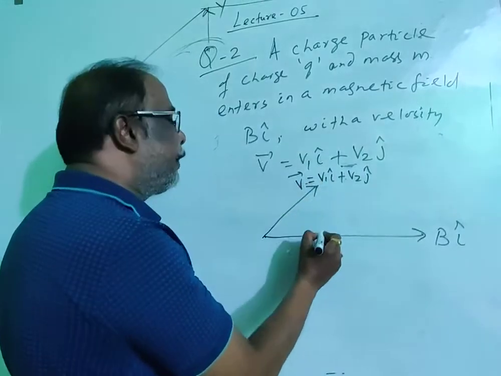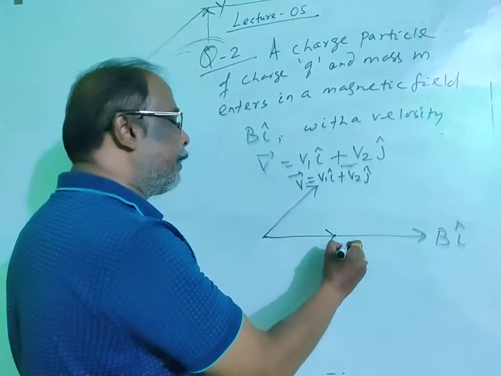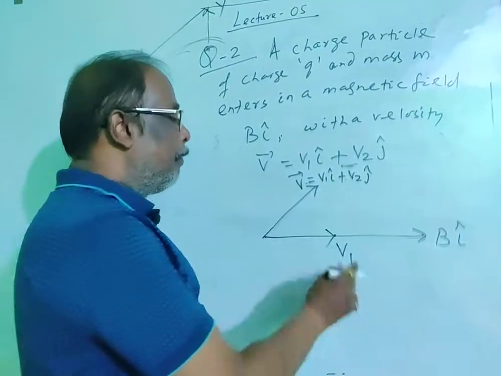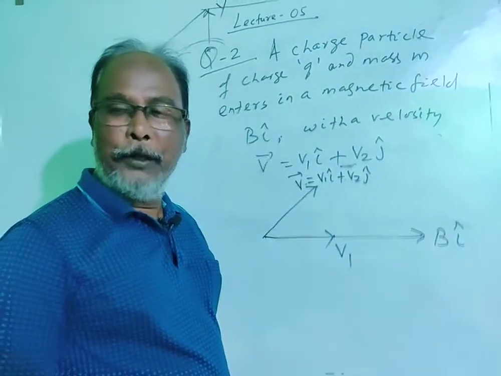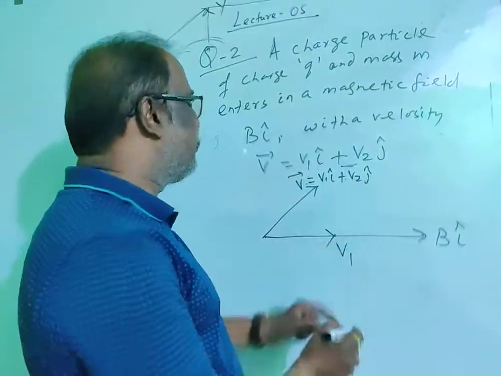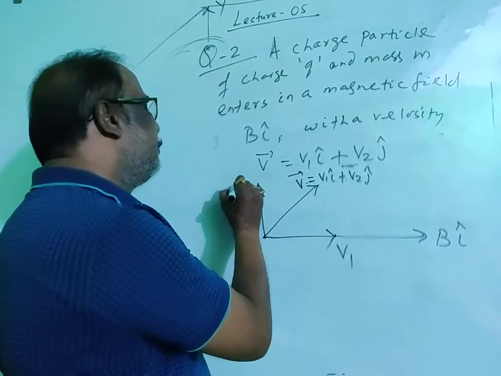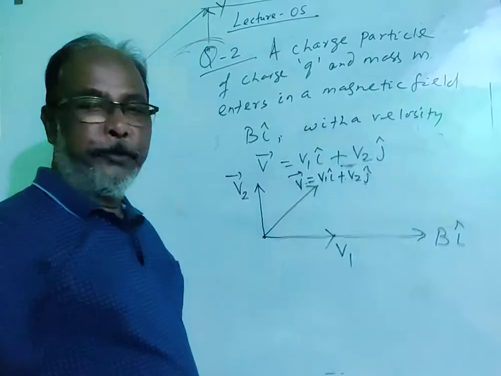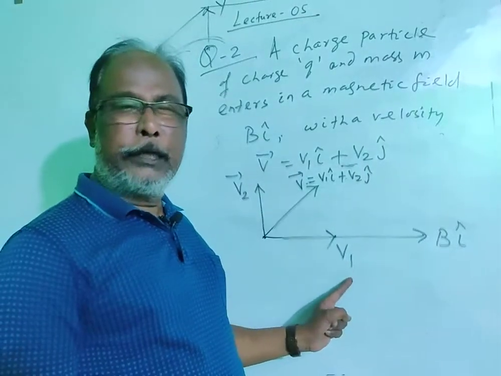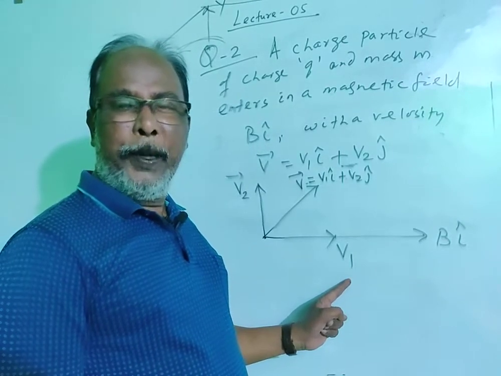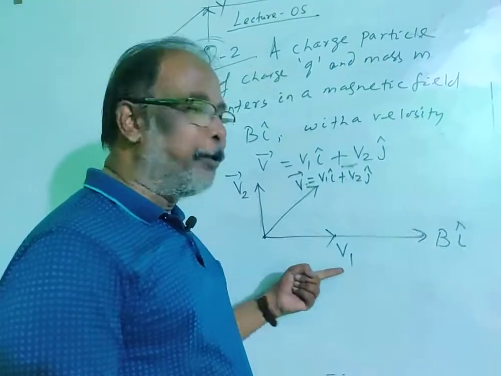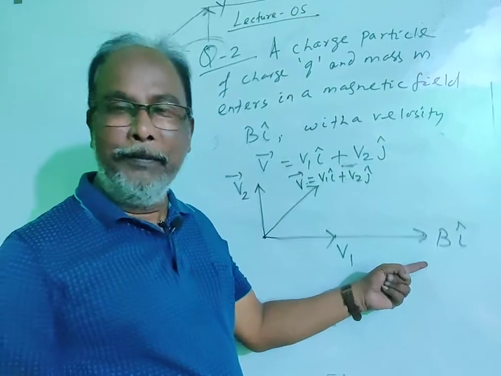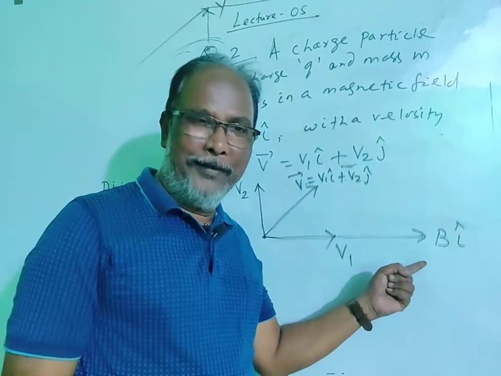This means the component of velocity along the direction of magnetic field is V1, directed along positive x-axis, and V2 j cap is directed along the y-axis. So due to this velocity, the charged particle will experience no force and will tend to move in a straight line. Any problem? Are you understanding?